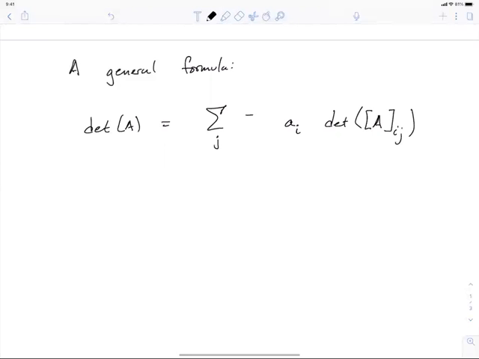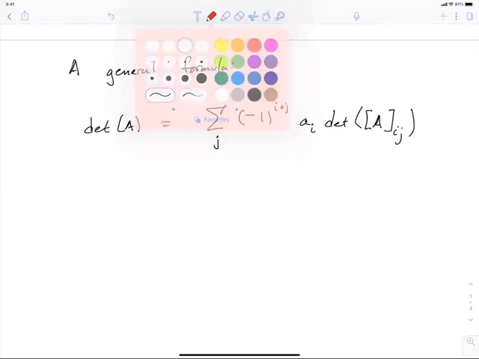And it alternates. All right, so just to recap, this means we're going to sum.